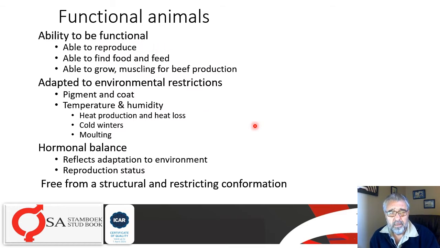And then obviously, where you have high heat loads and you have high ultraviolet radiation, pigment and coat is also very important. Are these animals well adapted in terms of being well pigmented, and able to tolerate the high UV rays of the sun?